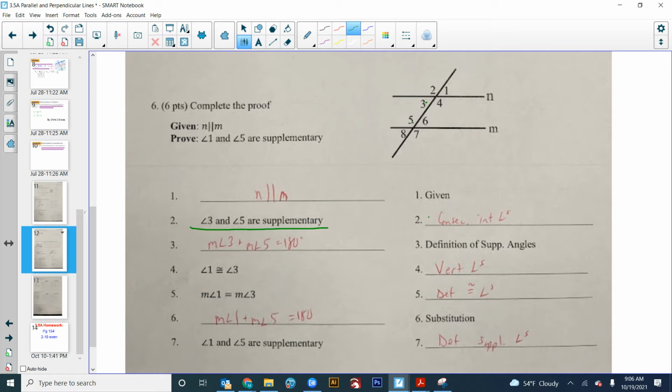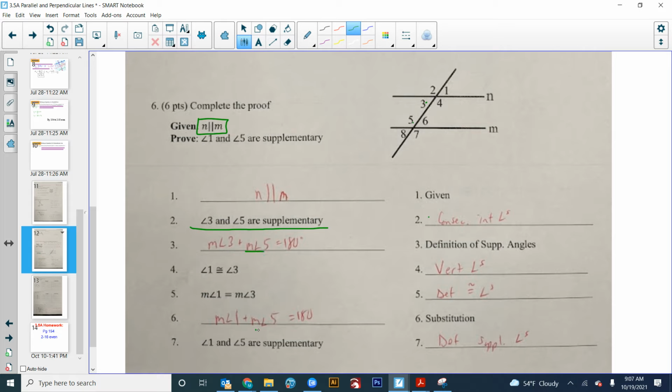3 and 5 are supplementary because we were told the lines were parallel and they're consecutive interior angles. So then the definition of supplementary angles is the measure is 180. 1 is congruent to 3 by vertical angles. 1 equals 3, definition of congruent angles. And we converted into the equals world in this one because in step 6, we needed to substitute.